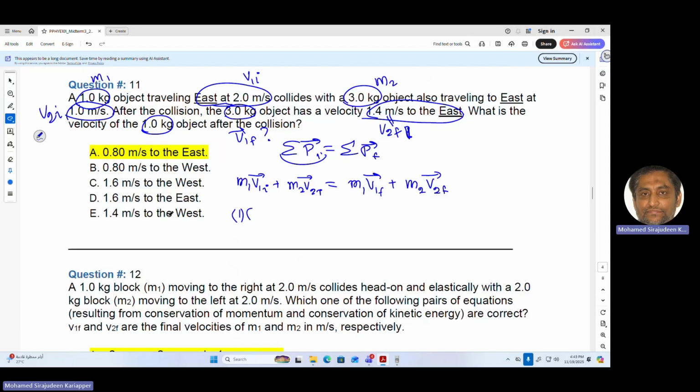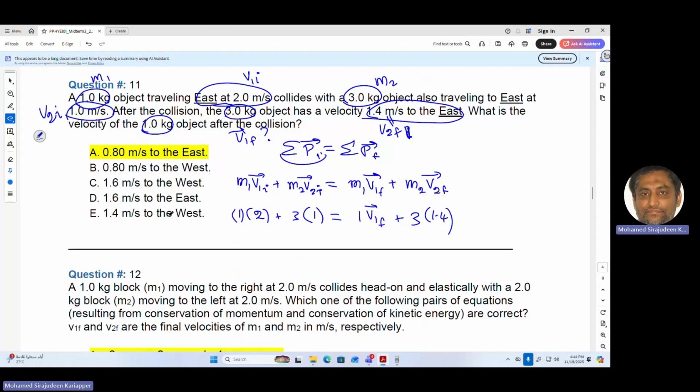So it is going to come from behind and hit him. Okay, so that is possible. It can happen. So V1I is how much? 2 plus 2. M2 is 3 and V2I is 1, plus 1, equals M1 is again 1, V1F, which is not known, and plus M2 is 3, and this is also plus 1.4.